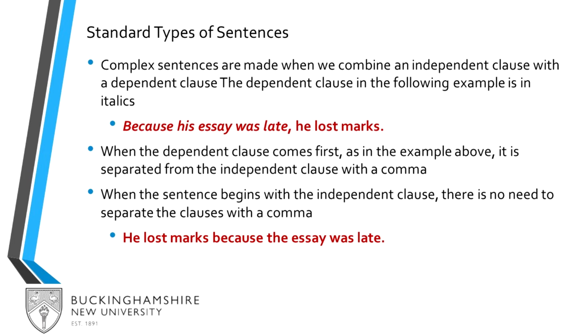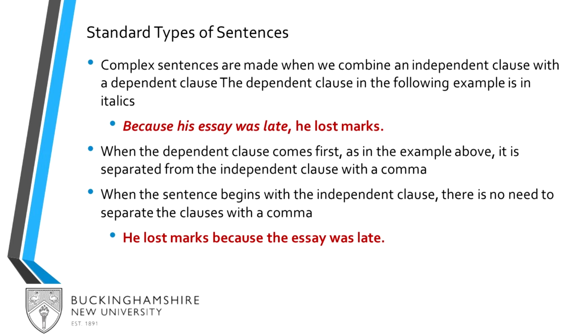Okay, so if you have a look at the first example, we actually lead with the dependent clause. You'll notice here it's in italics. Because his essay was late, comma, he lost marks, full stop. Okay, so the independent clause is he lost marks, that stands alone. And the dependent clause is the start of the sentence, because his essay was late.